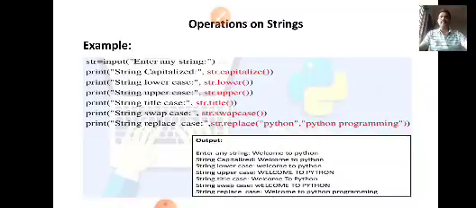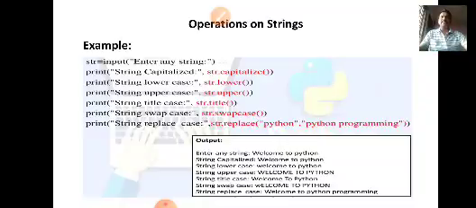Then string lowercase, str dot lower, converts all characters into lowercase. String uppercase, str dot upper, converts all lowercase characters to uppercase characters. String title case, str dot title, converts the starting character of each word to an uppercase character.